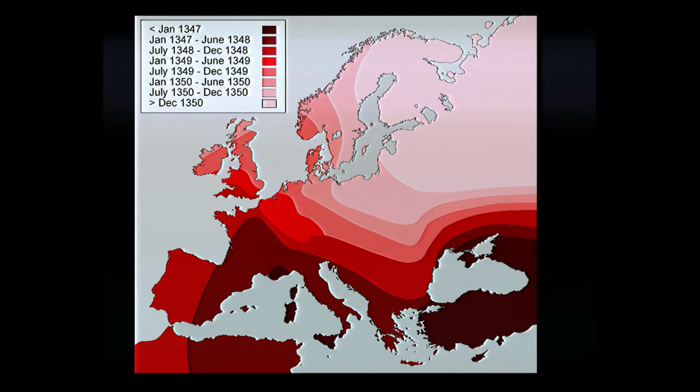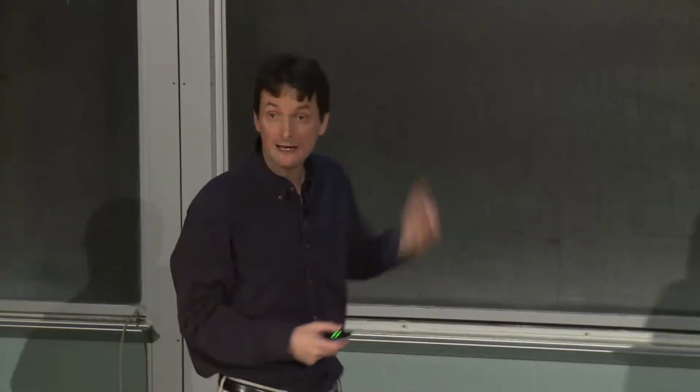It started somewhere over there in Northern Asia. It spread south into China, then along the Silk Road to Constantinople. Then it spread along the Mediterranean in trade ships, and starting in 1347, it moved northwards across the European continent. And what this map is showing is the contours of where it had got to at roughly 6-month intervals during that outbreak.